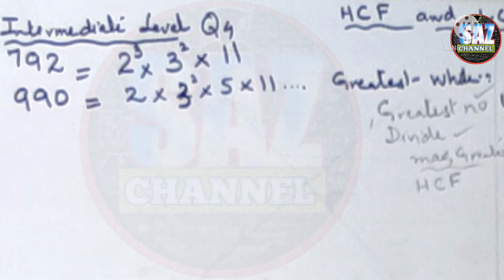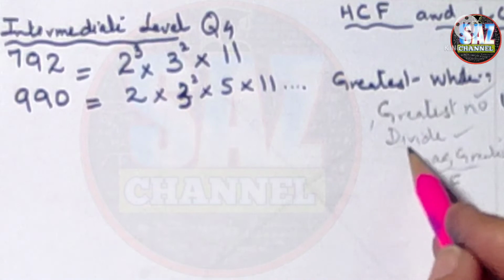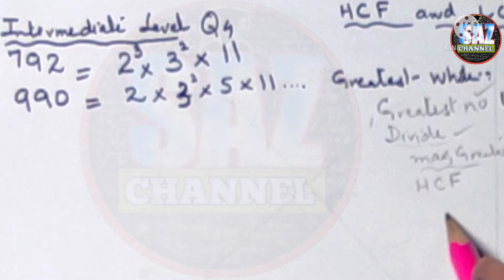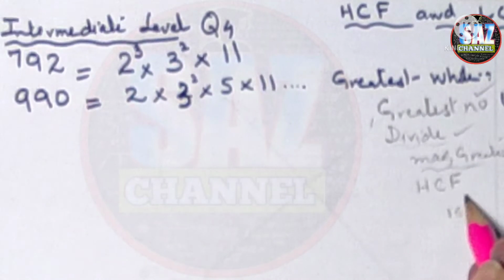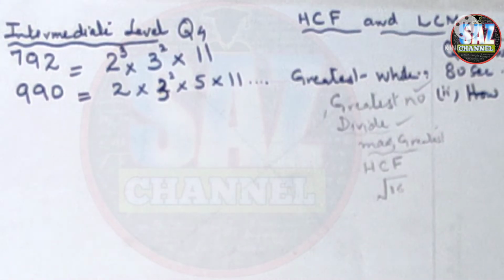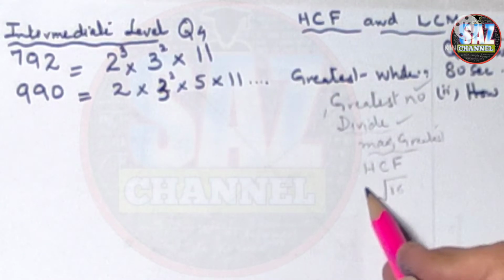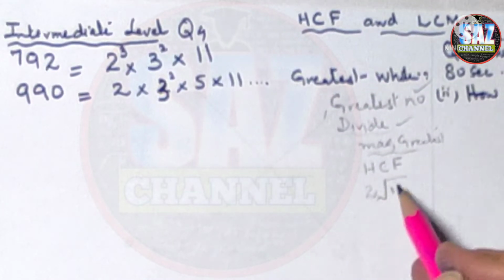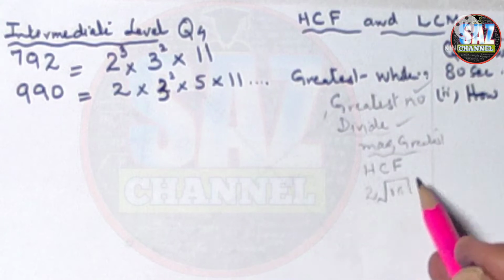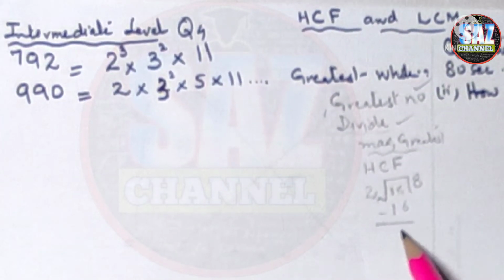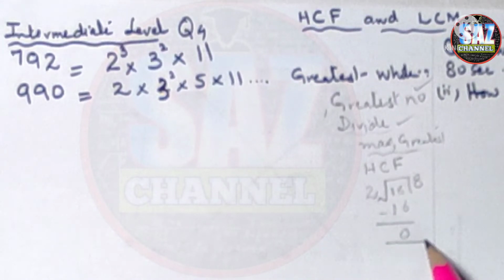And when we say that some number divides another number exactly, what does that mean? Taking the example of 16, if we say that 2 divides 16 exactly, what does that mean? When I divide 16 by 2, 2 8s are 16, and the remainder has to be 0.